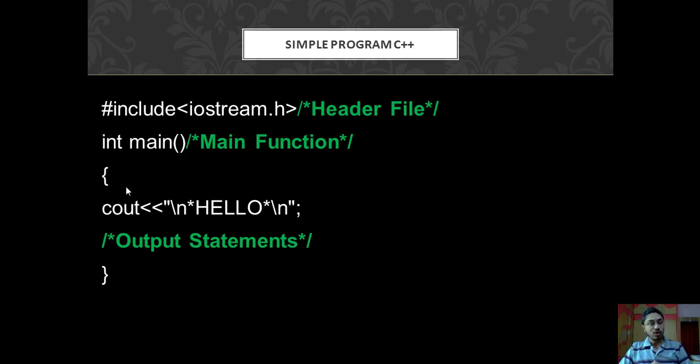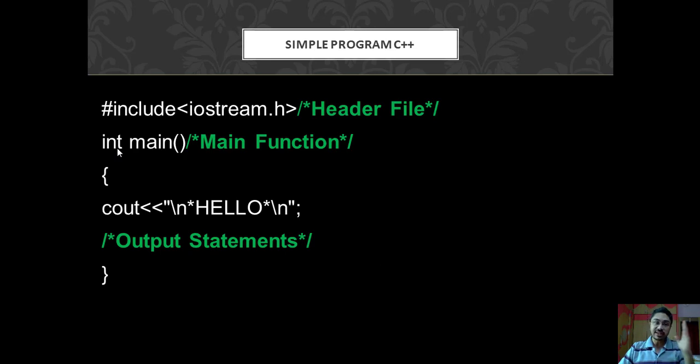In earlier cases of C, we could write void main, where void means we are not going to return anything. But from C++ onwards, we have adopted a standard that every function or every program will return something. If it is a main function, it is going to return something. That's why we have used int here.